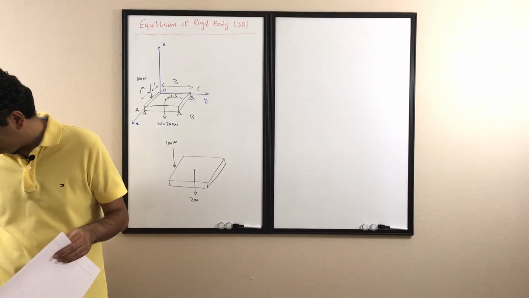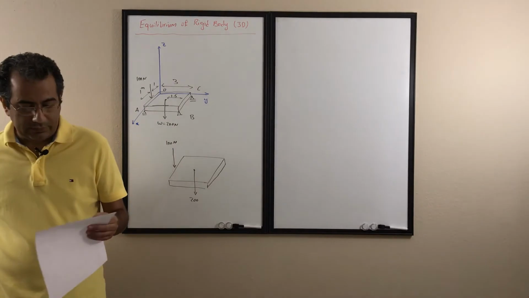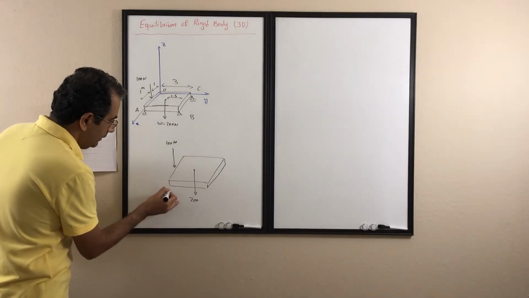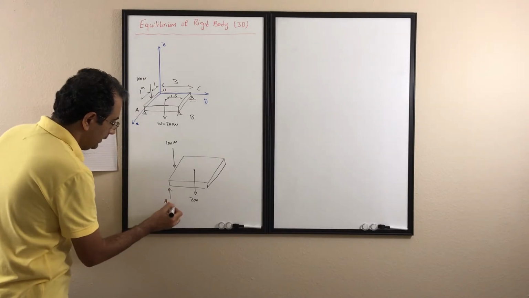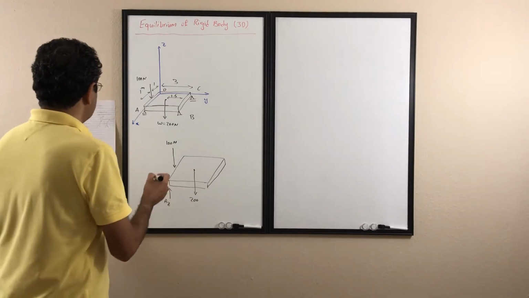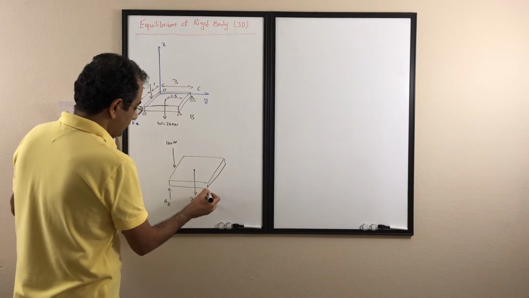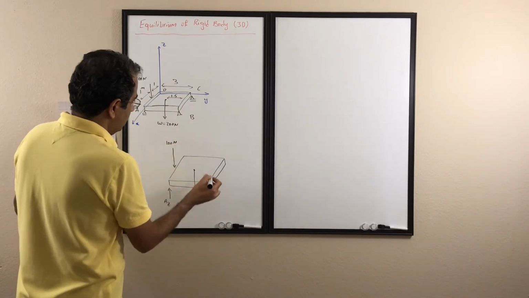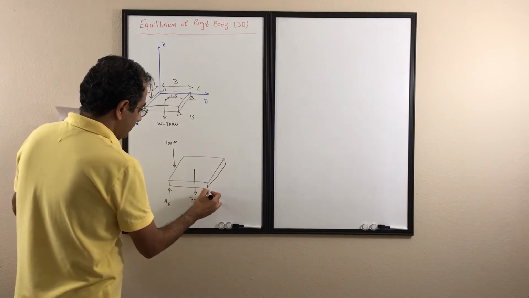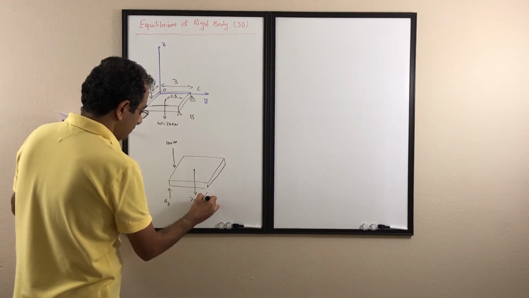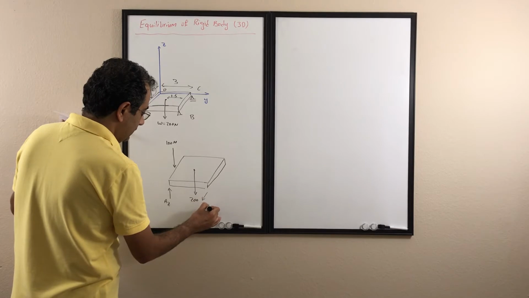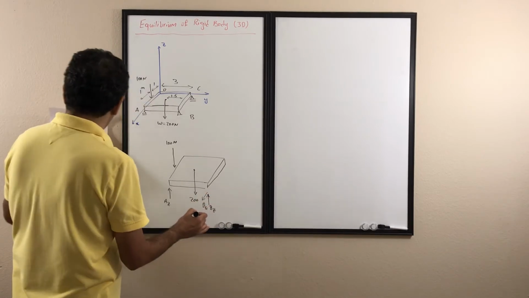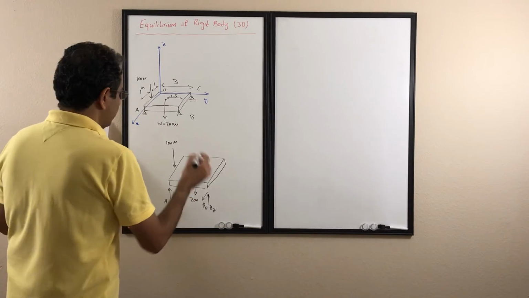So here, for A I have AZ, the reaction from A. The reaction for B is going to have three components. I have BX, which I'm going to put in the X axis, then I have BZ, and I'm going to have BY.